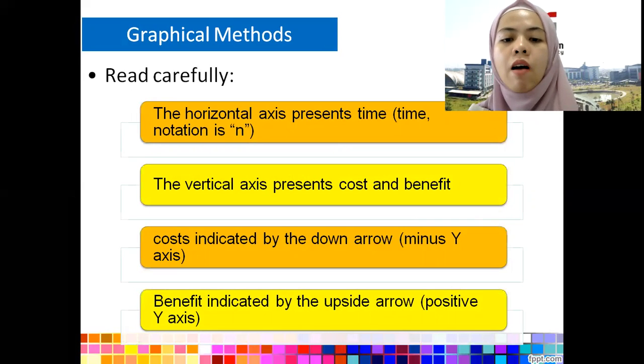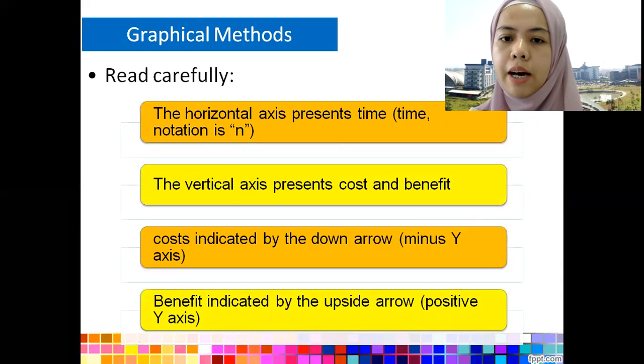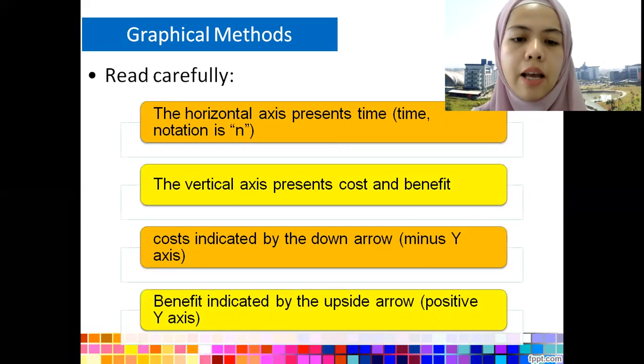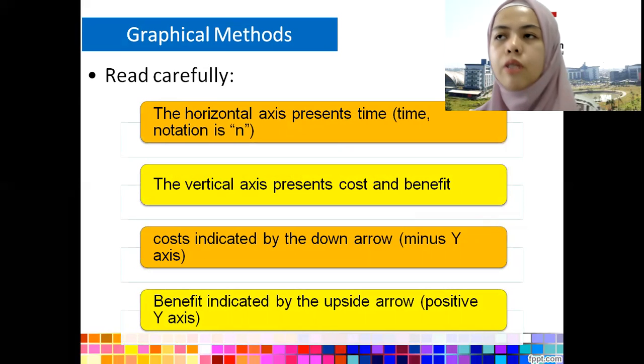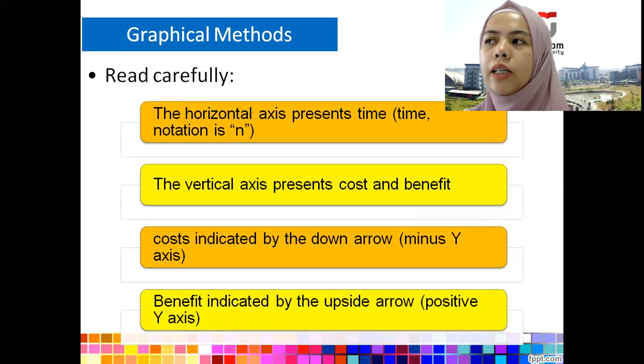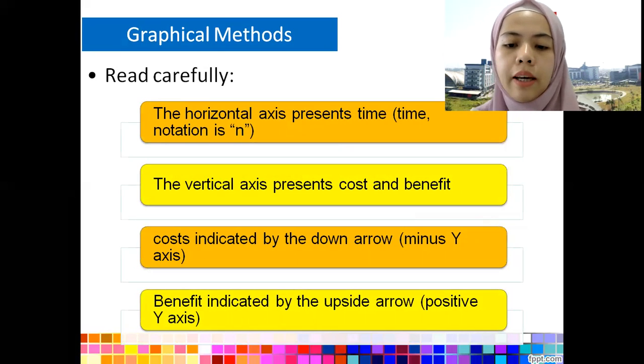Okay, so the horizontal axis represents the time, the amount of time that we run a business, we're running some investment. And the vertical axis, the y-axis, represents the cash in and also the cash out situations.